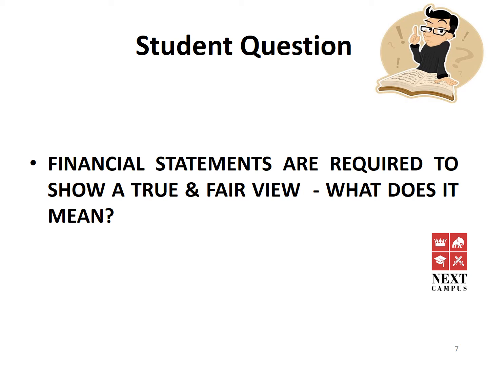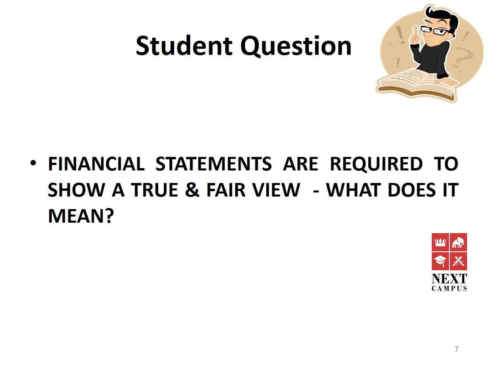Now, those two words, true and fair. We will take the first one. True means financial statements should show a true picture of the business. That means it should be factually correct. Facts wise, the financial statements should be correct.